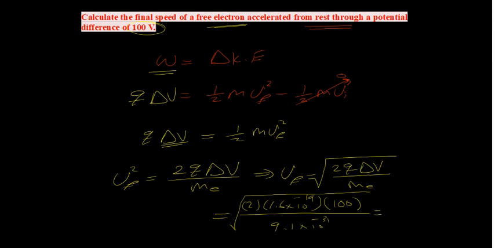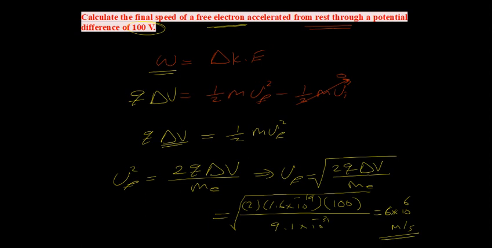And this should give you, let's try it quickly, it's 2 times... This will give us a value of about 6 times 10 to the power 6 meters per second as the speed, or the velocity, of this electron based on this condition.